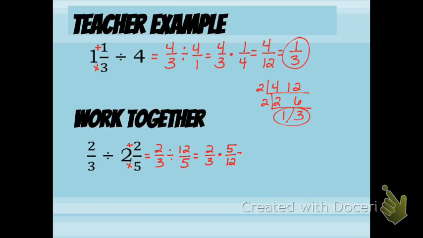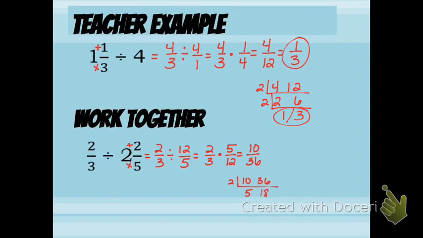Okay, so 2 times 5 is 10. 3 times 12 is 36. Is it improper? No. Don't divide it then, since it's not improper. We're just going to make the cake. So 10 and 36. 2 goes into 10 5 times. 2 goes into 36, sorry, not 12, 18. I was doing something wrong. 18 times.